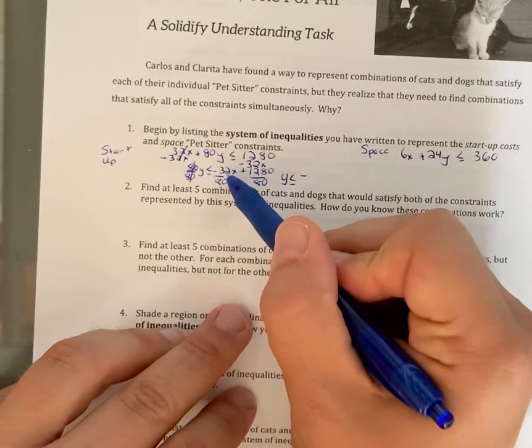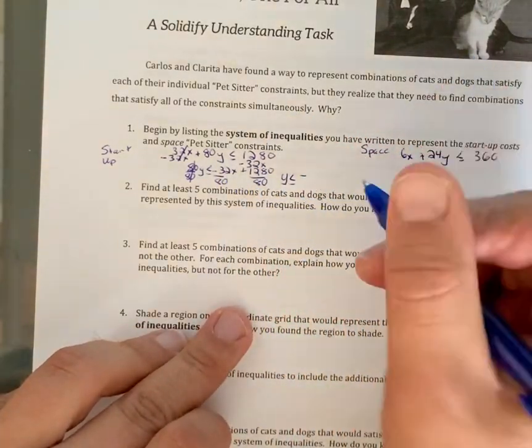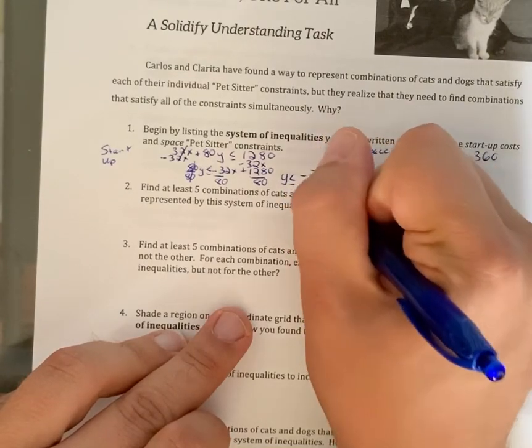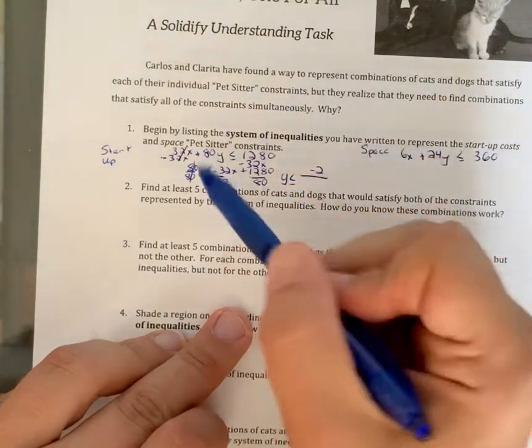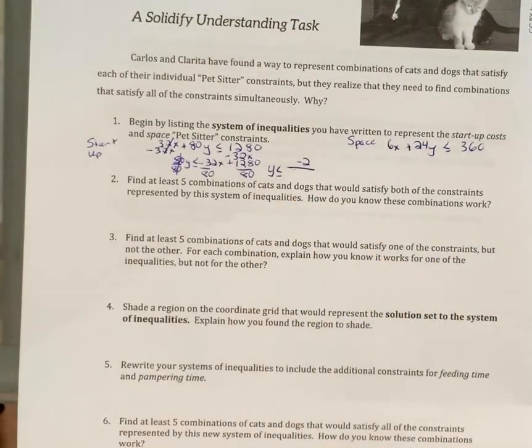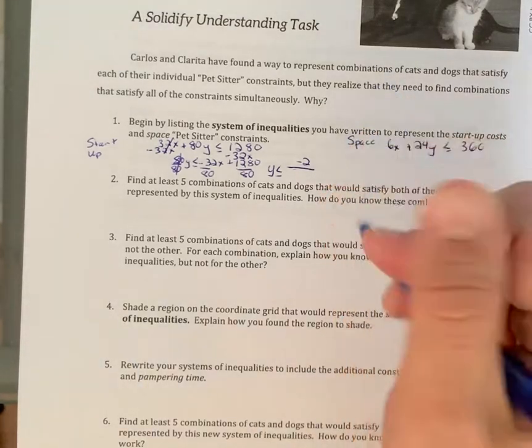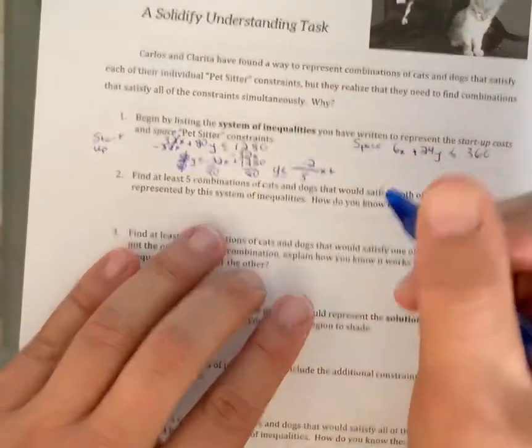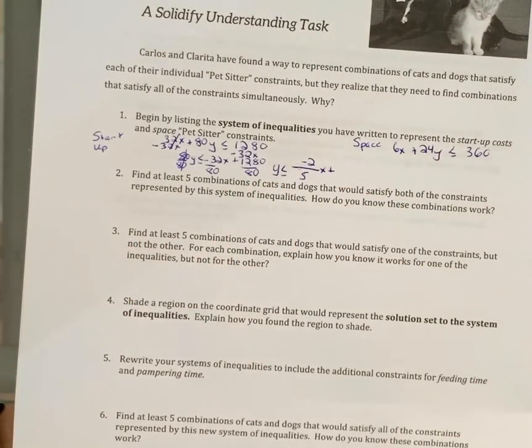So what I'm going to do is divide both by 16. So 32 divided by 16 is negative 2 over, and then 80 divided by 16 is 5. So that's negative 2 over 5x plus 1,280 divided by 80.